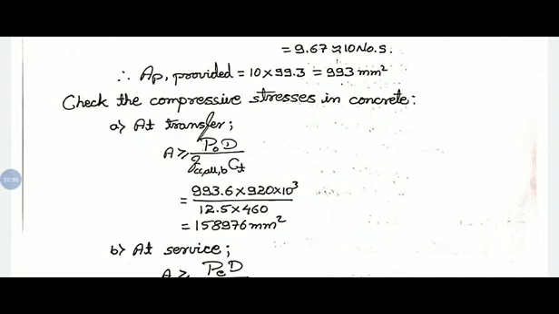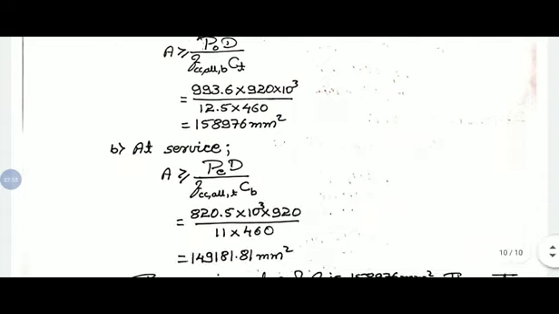So allowable stress at transfer is given as 12.5, CT 460 for our section. P naught we have calculated and depth is 920, given in the question itself. So for that it is 1,58,976 mm square. Then at service, allowable stress is 11, same formula, and here we need to consider the effective pre-stress.